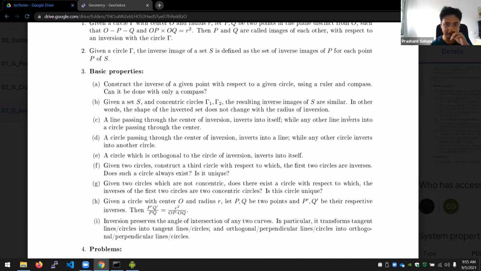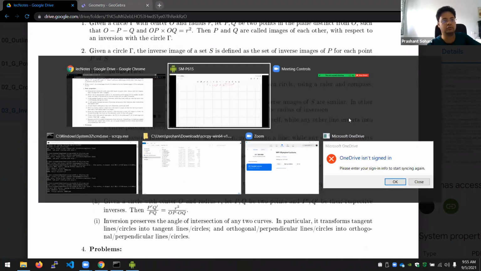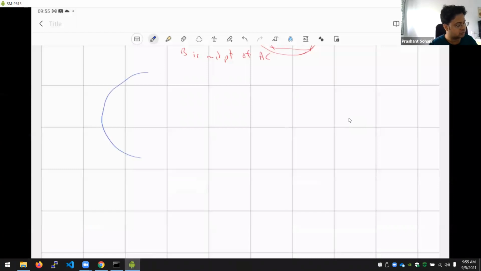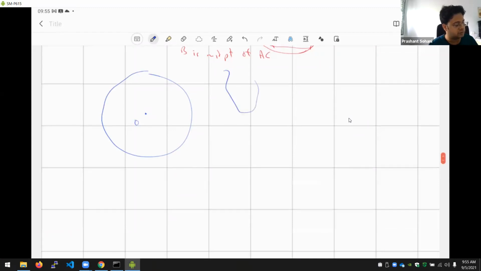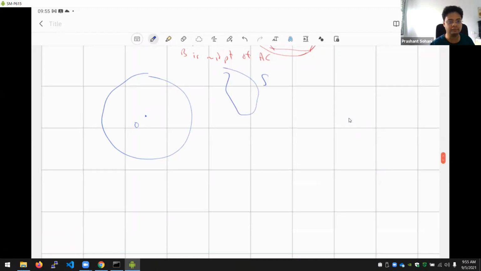Question B is actually just an important observation about how inverses work if you change the radius. If you keep the center of inversion constant but only change the radius, what happens to the inverse image? That is important to know. Suppose you have a circle and some object S of any random shape.